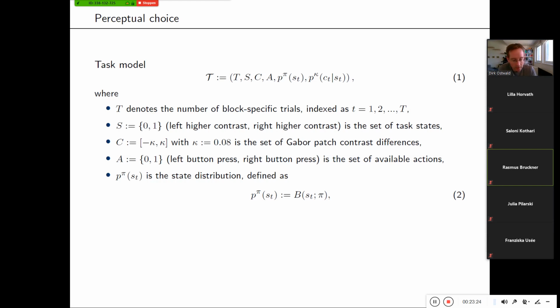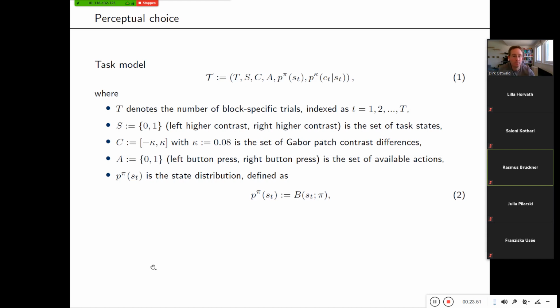The states are independent, so it's not that if the higher contrast was on the left, then on the next trial there's a high probability for it again to be on the left. So we just define the marginal state probability and get the joint probability over all states over the experiment in terms of the product.